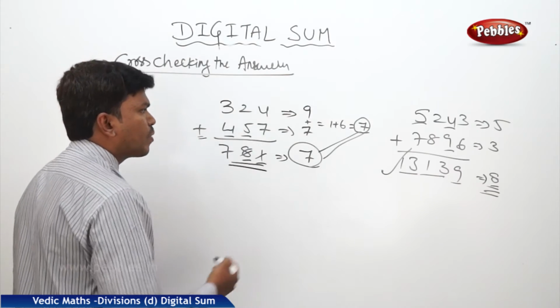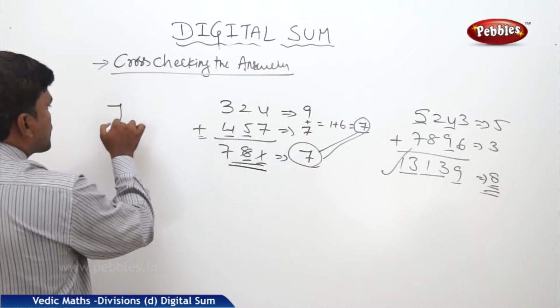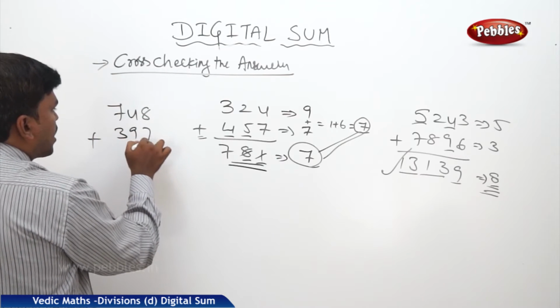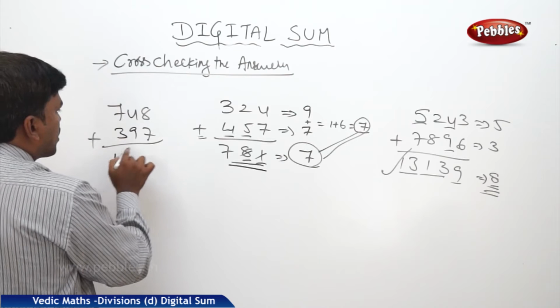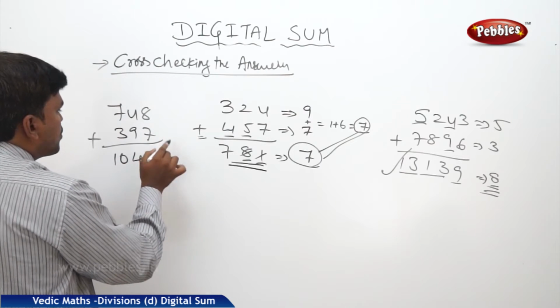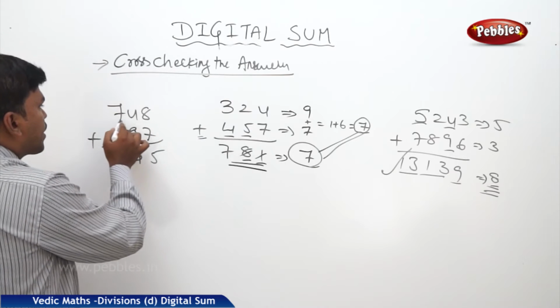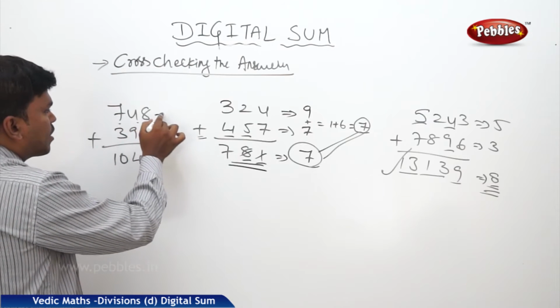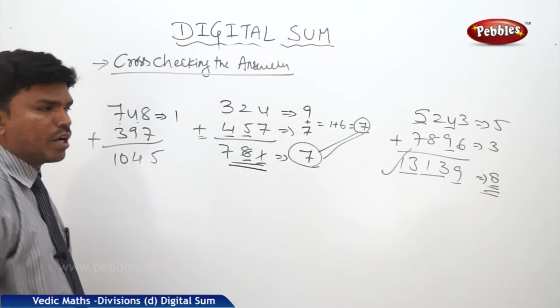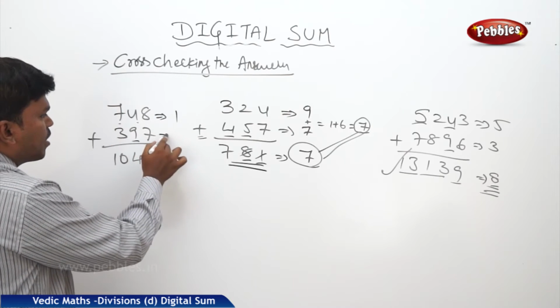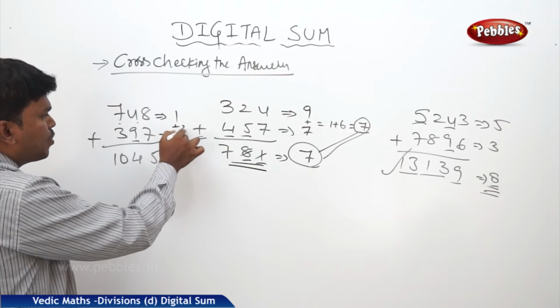Understand? One more example. Suppose 748 plus 397. I want to add this one. 10 but 4, 5, 1045. I got 1045. Now I want to cross check this one. 7, 4, 11, 11, 8, 19. 19 means the digital sum is 1. Here 9 you can ignore. 3 plus 7 is 10, again 1. 1 plus 1 is how much? 2.